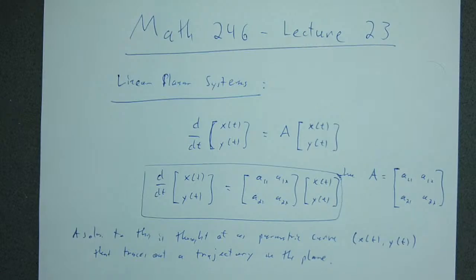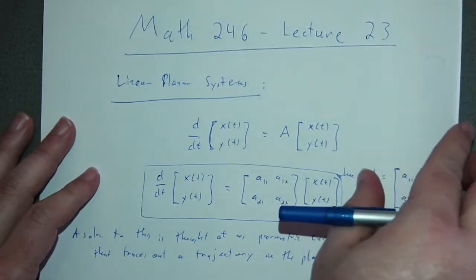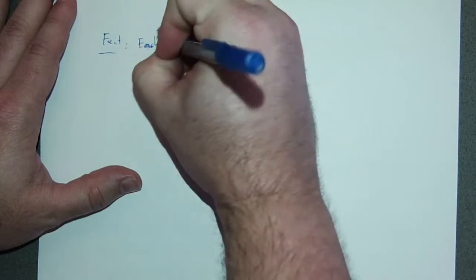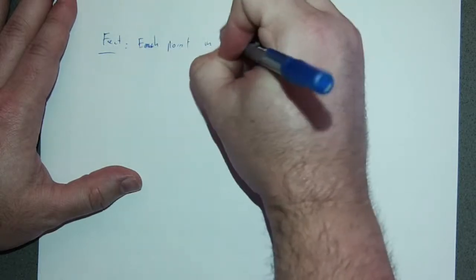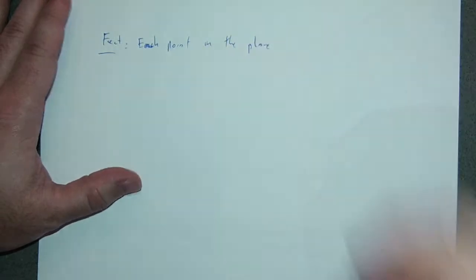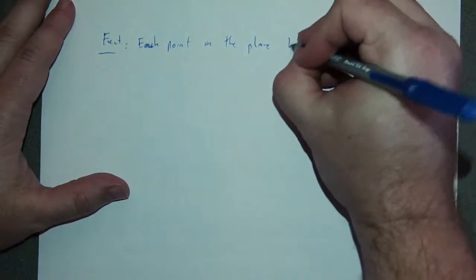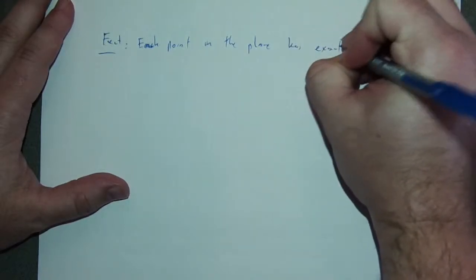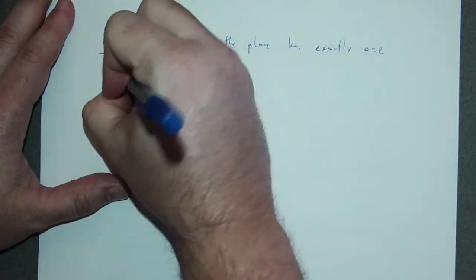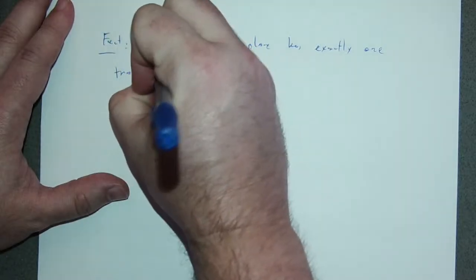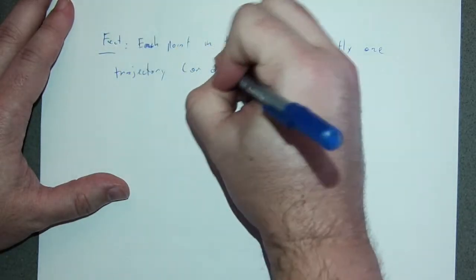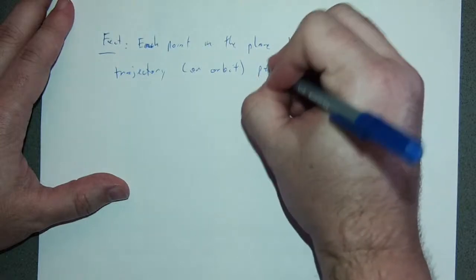I mentioned this a little bit last time. How many trajectories do I get? Well, there's a fact that each point in the plane has exactly one trajectory passing through it. These are also called orbits.